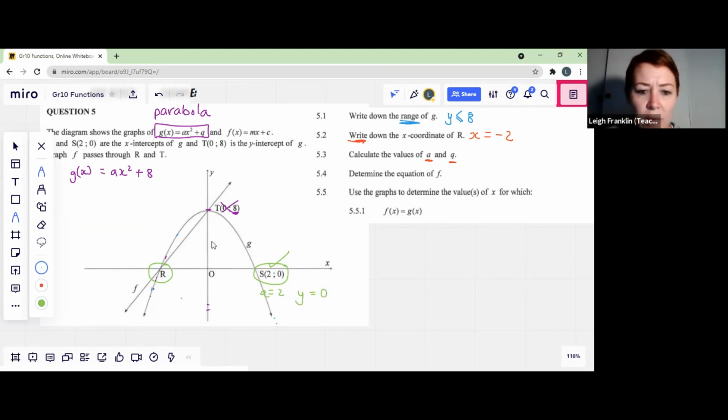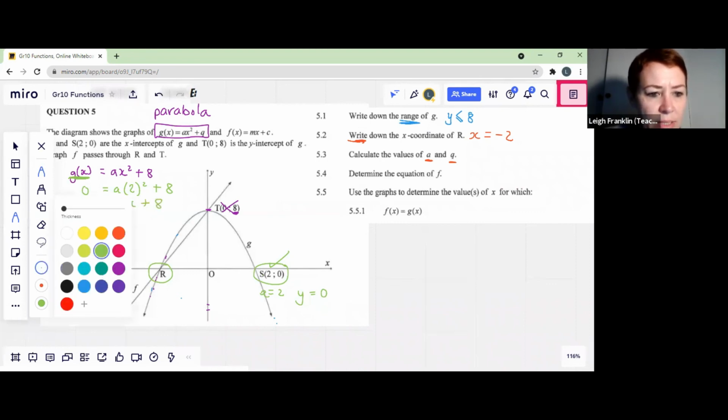So now when we sub in, we're going to make g of x, which is y, equal to 0. In place of x, we're going to put 2, and we're going to square it, and then we're going to add 8. So in our next line, 0 would be equal to 2 squared, which means 2 times 2, so that's 4a plus 8.